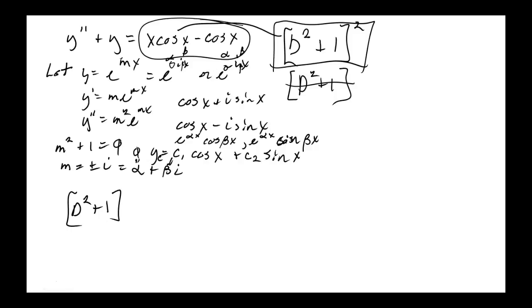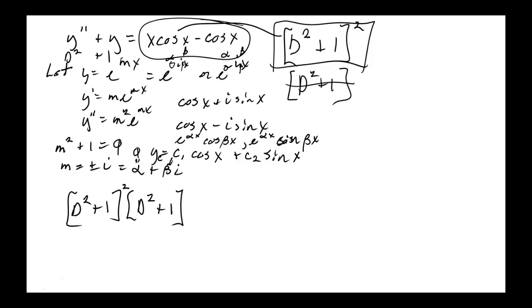But your original function is a D squared plus 1 as well. Your annihilator is the second power plus 1 to the first power. That's from this right here: this is D squared, and this is plus 1. So that's from the original.